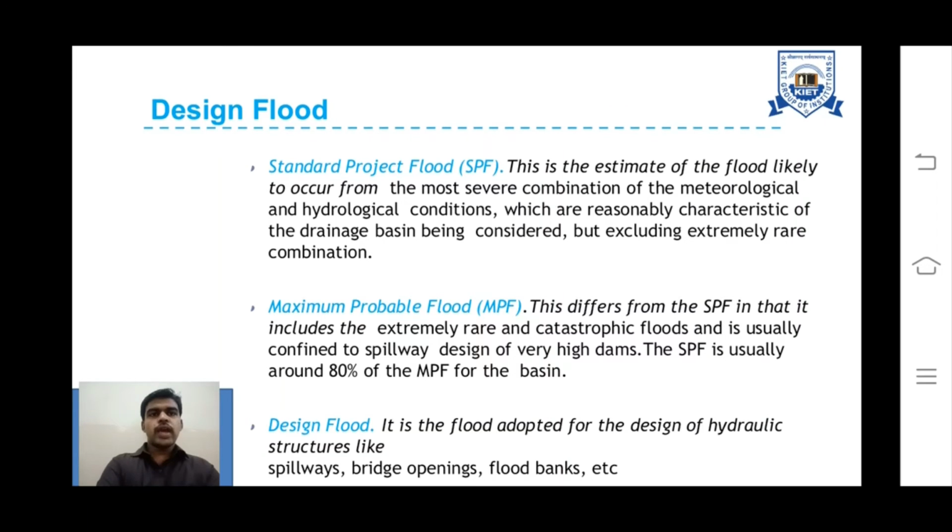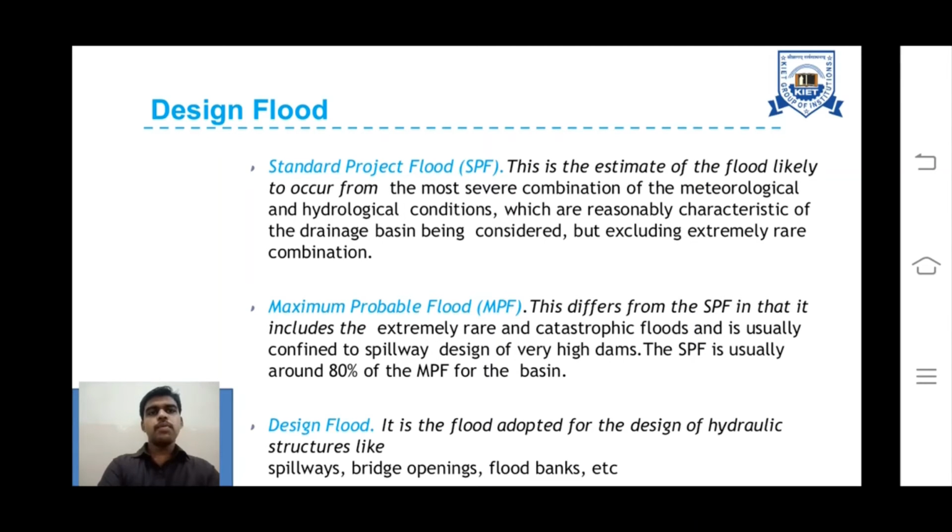Here comes the standard project flood, maximum probable flood and the design flood. First of all, the standard project flood. This is the estimate of the flood likely to occur from the most severe combination of meteorological and hydrological conditions, which are reasonably characteristic of the drainage basin being considered but excluding extremely rare combinations.